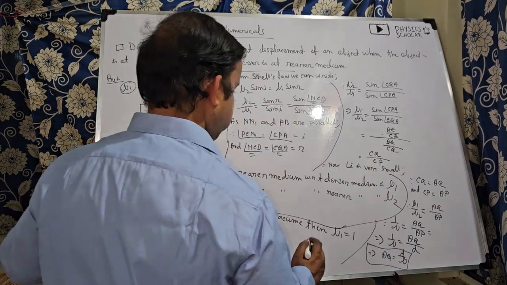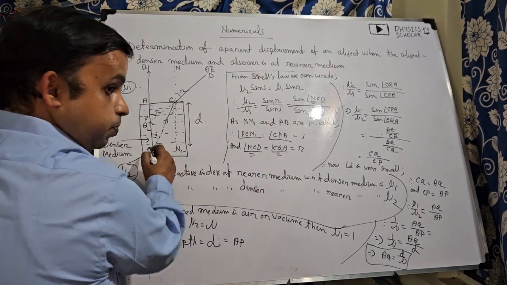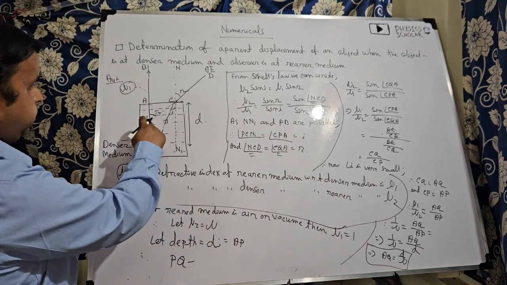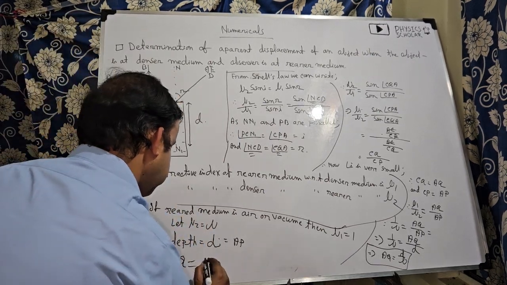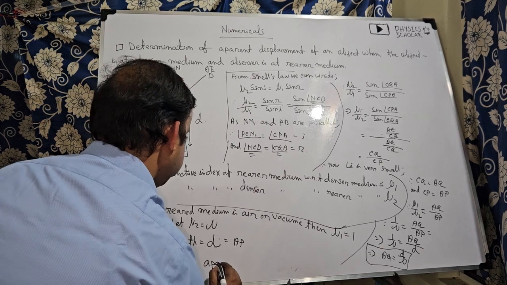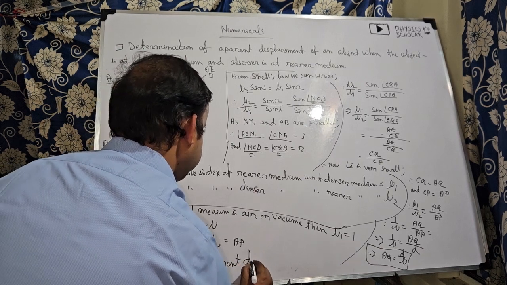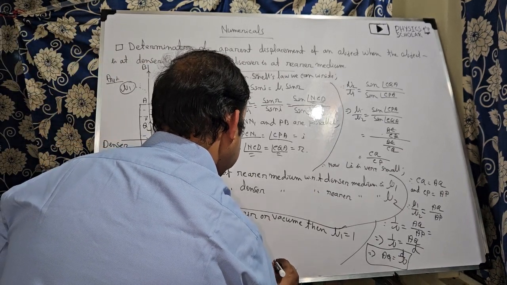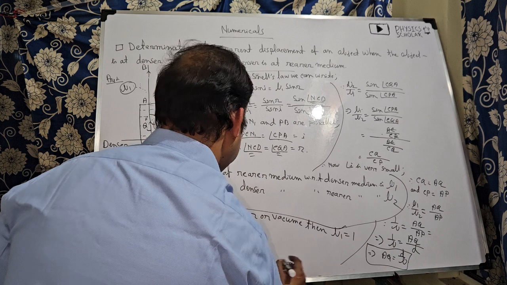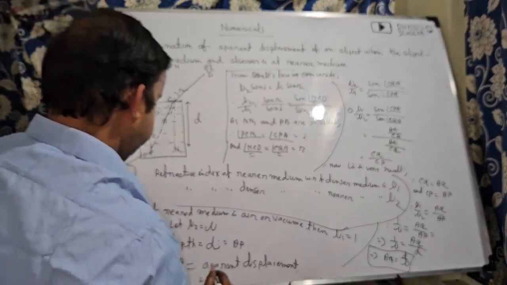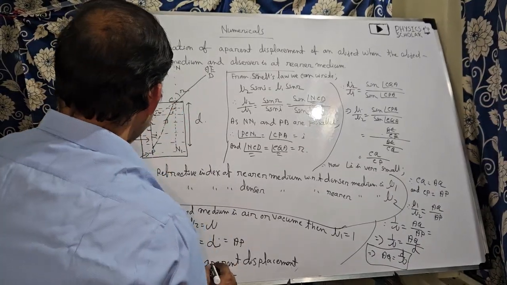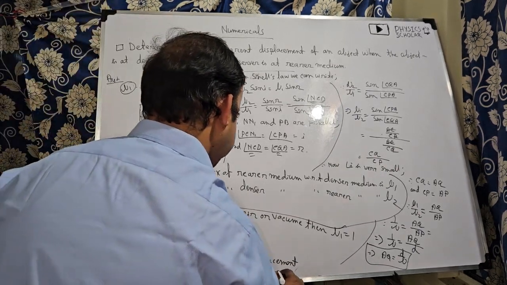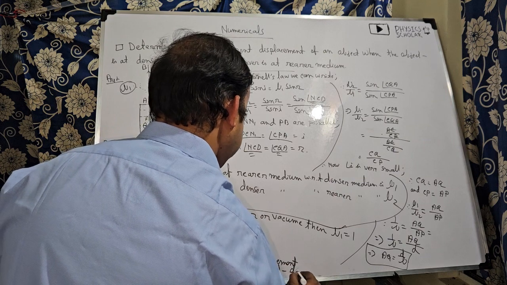Clear? Right. So PQ means the apparent displacement. This is the portion which is shifted. Displacement is equal to total AP minus AQ. The total length AP is d, so d minus d by mu.